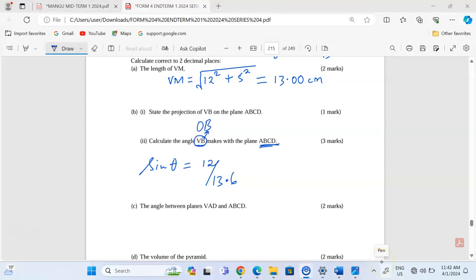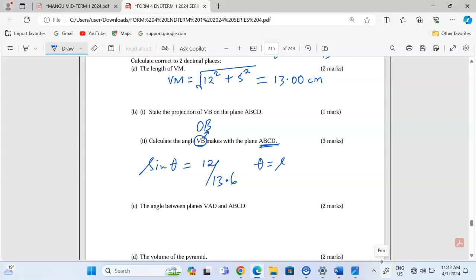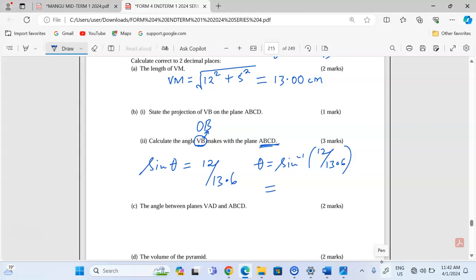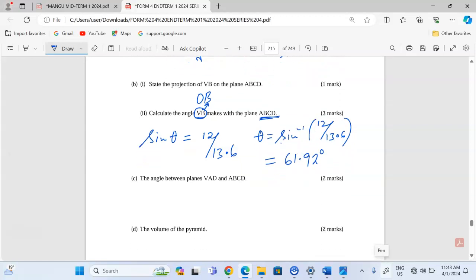So we can get theta by obtaining the sine inverse of 12 over 13.6. Shift sine 12 over 13.6 gives 61.92 degrees. That is 2 decimal places.